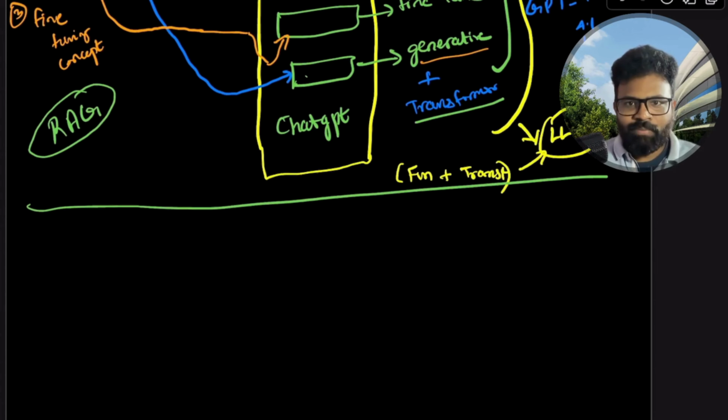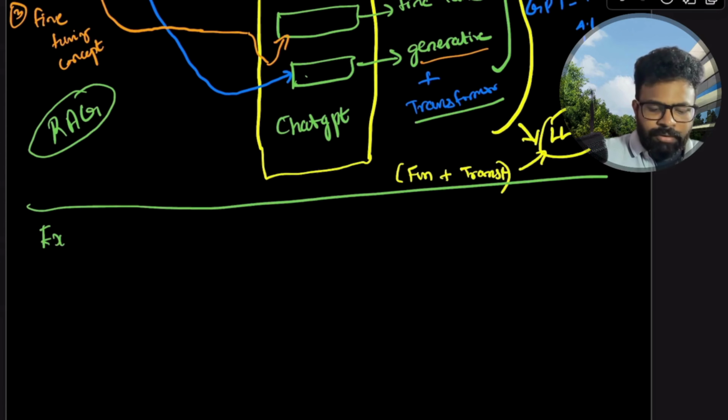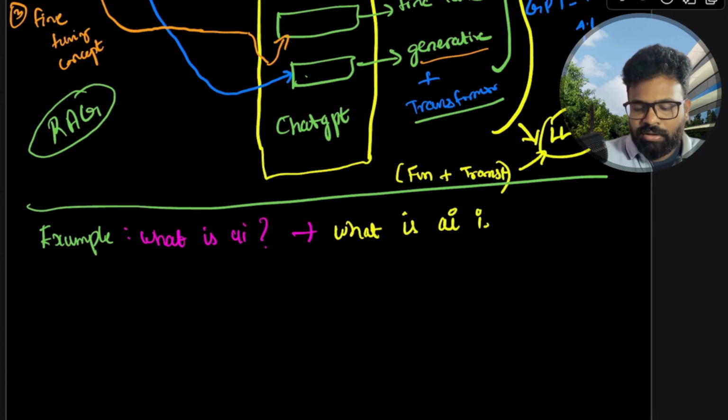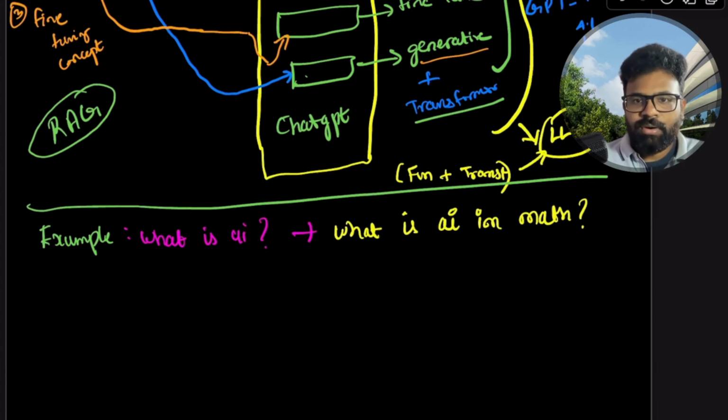Now what significance does the transformer play? Let me give an example. In our scenario we have inputted what is AI. Let's say my question was what is AI in math. That is one probability.